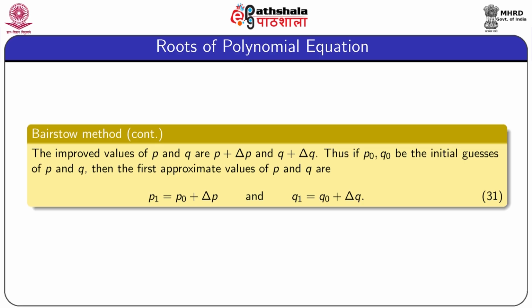Now, if p0 and q0 are the initial guesses for the unknown quantities p and q, then the first approximate values of p and q are p1 equal to p0 plus delta p and q1 equal to q0 plus delta q. So, this is the iteration scheme to find the first approximate values p1 and q1.